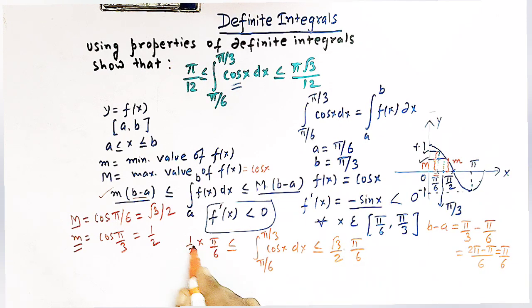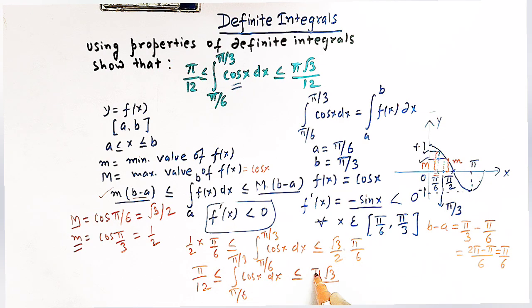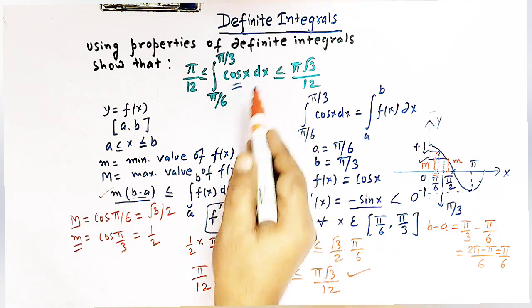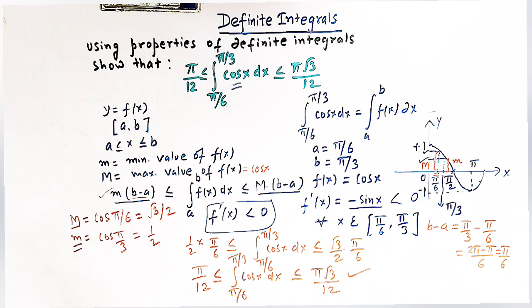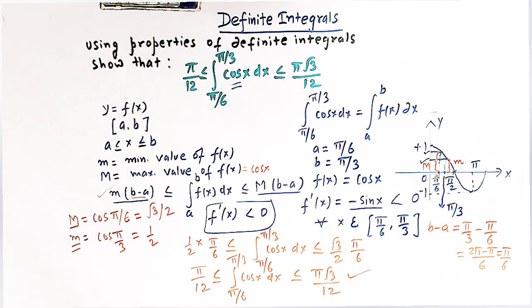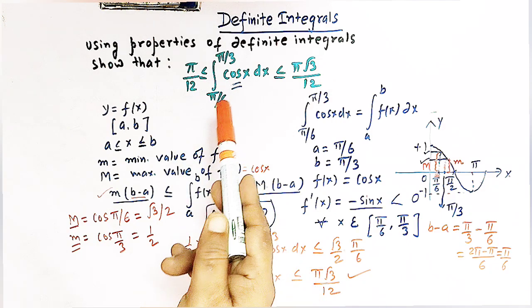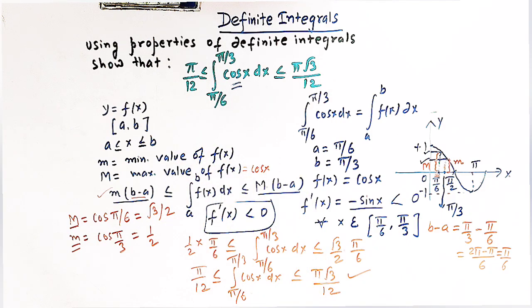So this is pi over 12, and here we have the integral from pi by 6 to pi by 3 of cosine x dx, and here we have pi root 3 over 2 times 6, which is 12, and this is our required inequality. So viewers, this is how by using this important inequality of definite integrals, we can easily establish these kinds of inequalities.